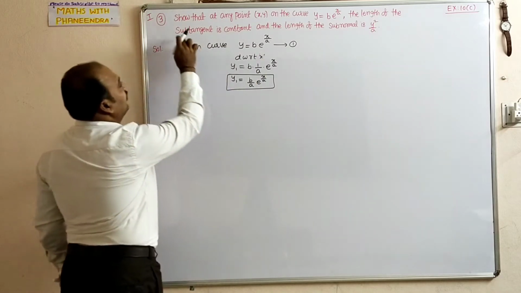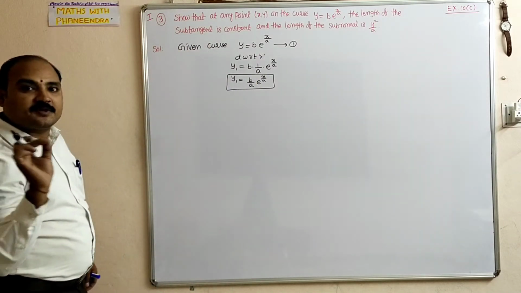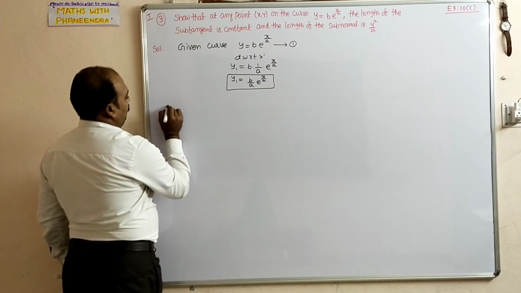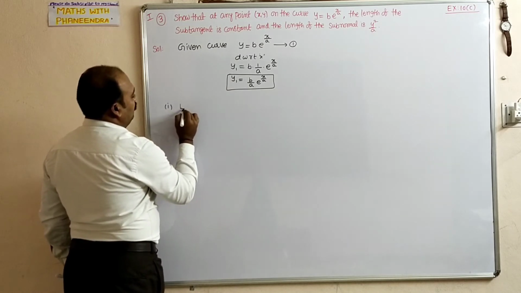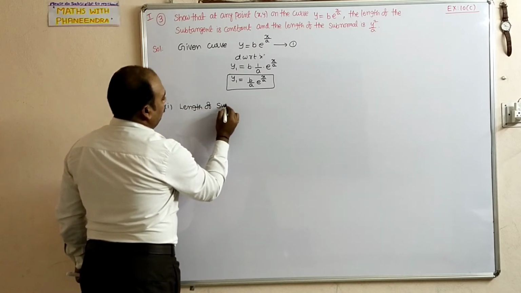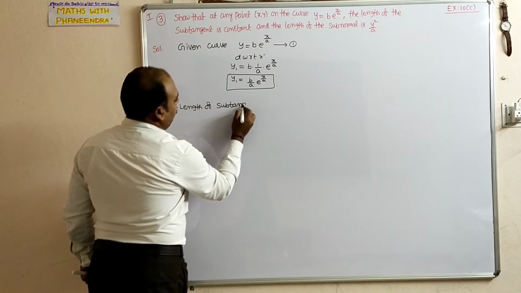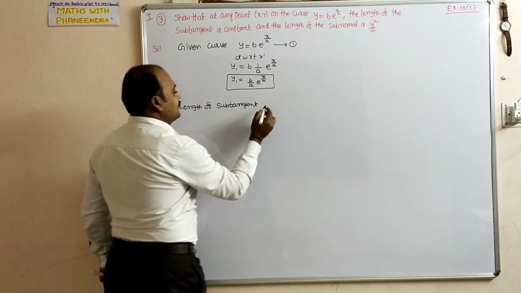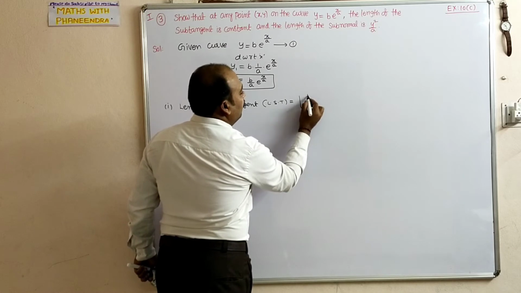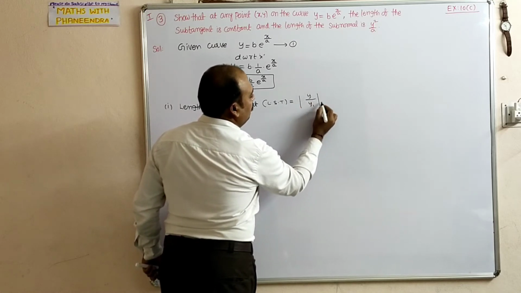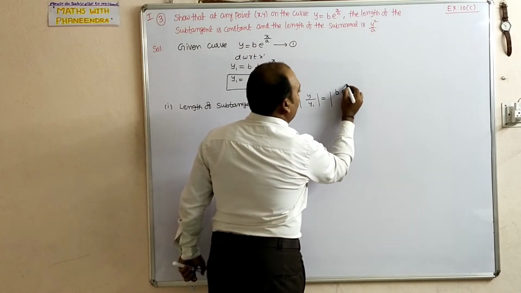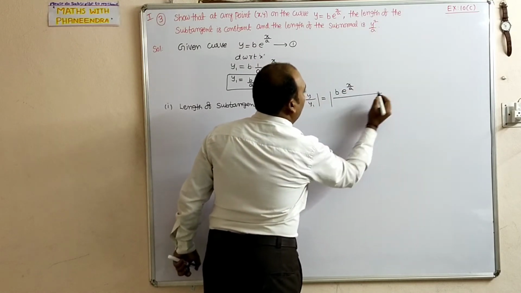Length of subtangent. The first question is the length of subtangent, LSD, equals mod y by y1. What is the y value from here? y equal to b times e power x by a, divided by y1.